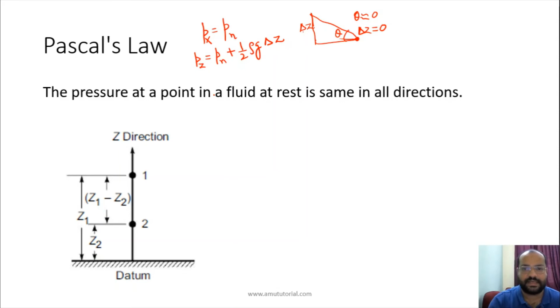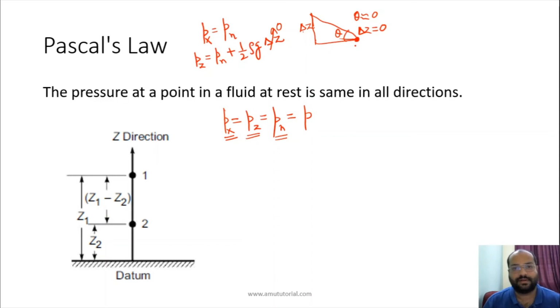If we put delta z 0 here, it will give us px equals pz equals pn, and this whole equals, say, P. It means that pressure in horizontal, in vertical, and normal pressure are all same at a point within a fluid. Okay, interesting.